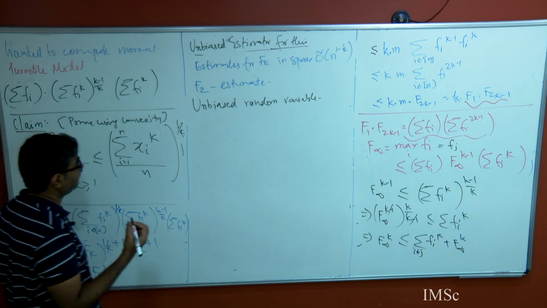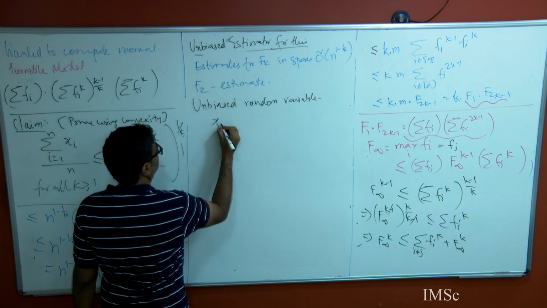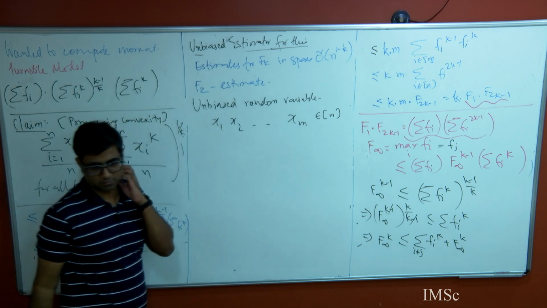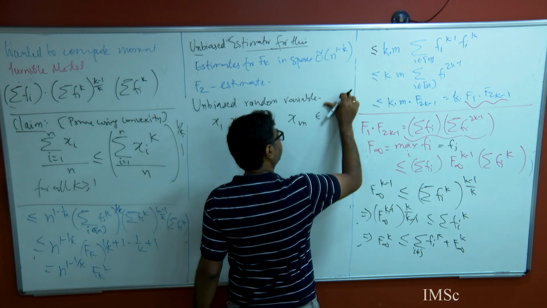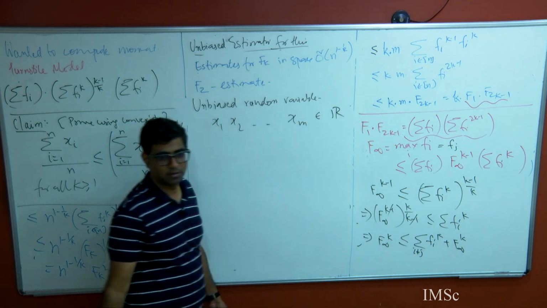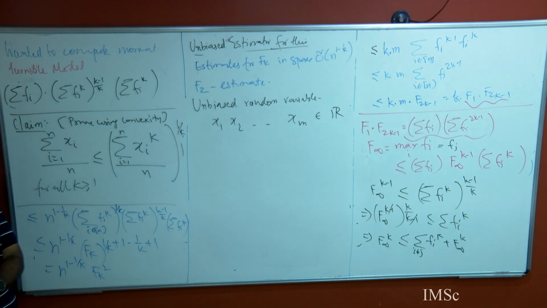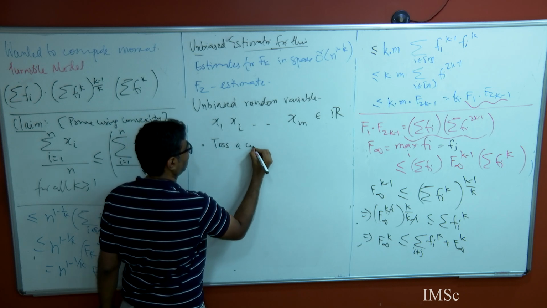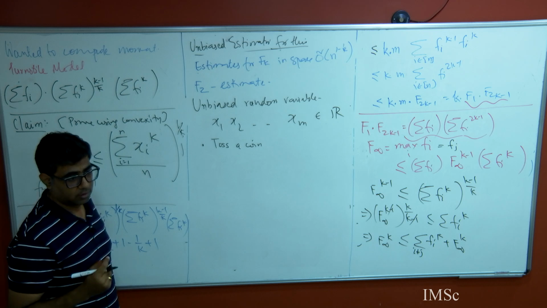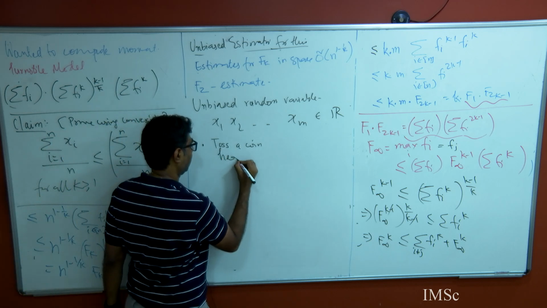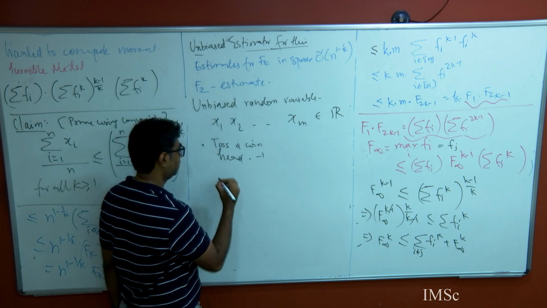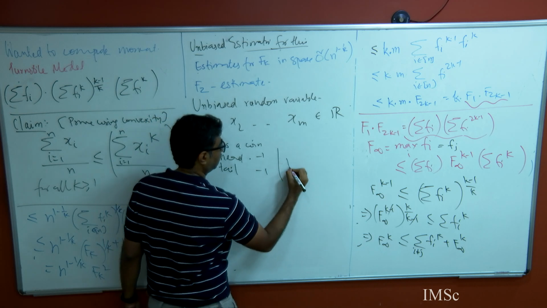Okay, let's see what happens if we say these elements are coming in R for now. What I do at every time is toss a coin. If heads comes, I take +1, and with tails I take -1, each with probability half.